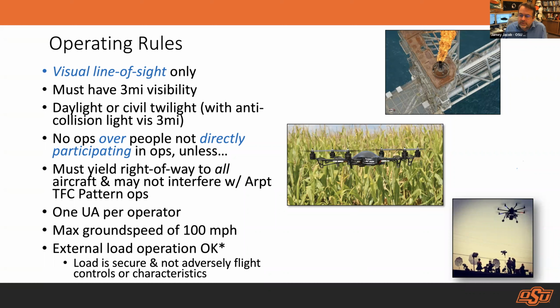Now, what's interesting, you'll notice this little picture here with the UAV performing a film roll. It was really the cinematography in the film industry that drove a lot of these early rules because prior to this, most of these aerial shots were being performed by manned helicopters, which had to operate very close to the ground.